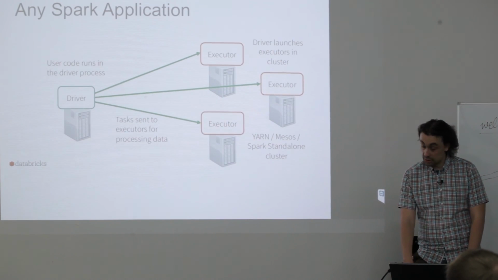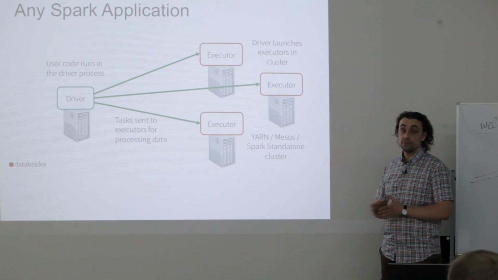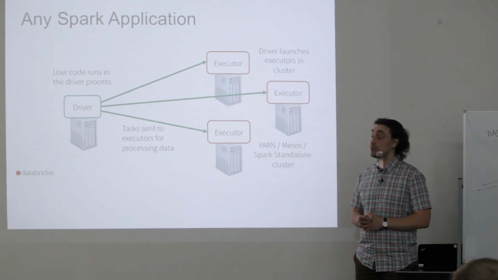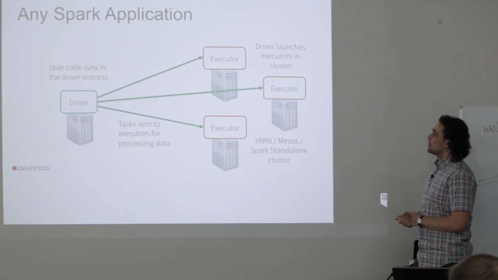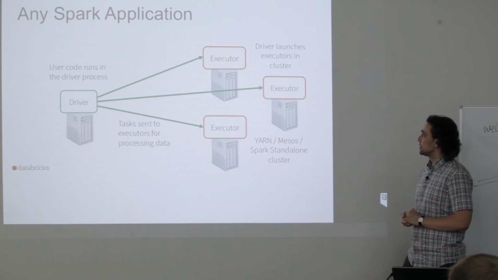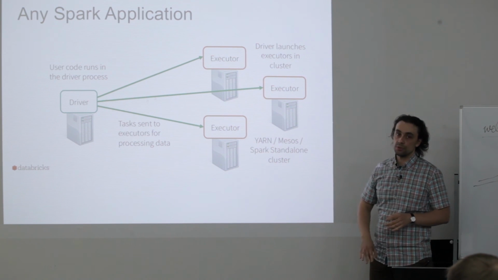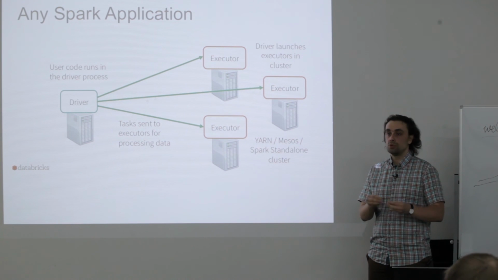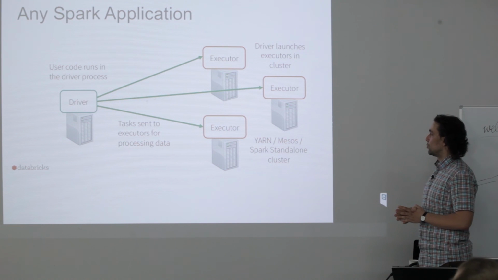So in general, how does this work? I think some of you know this picture, but for others: any Spark application consists of a driver which launches executors, and all the information is processed on these executors. The driver only sends tasks to the executors to do the work.